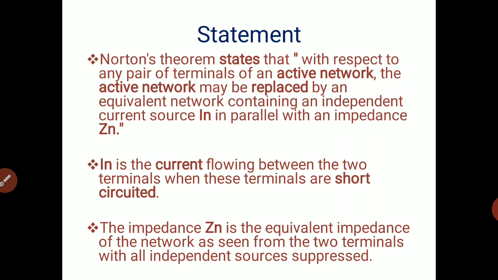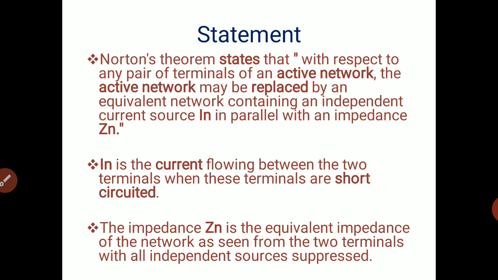The impedance Zn is the equivalent impedance of the network as seen from the two terminals with all independent sources suppressed. So we calculate the equivalent impedance Zn the same as ZTH in Thevenin's theorem. In Norton's theorem we follow the same procedure, but instead of ZTH we write Zn.